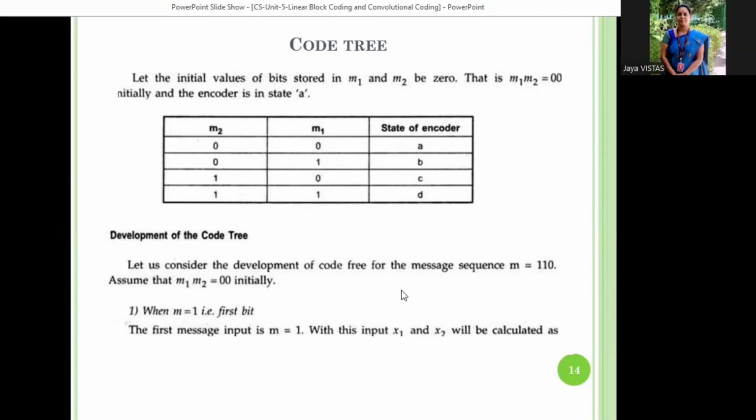So the input bits are 110. When the first bit comes, it is stored in M, so M is equal to 1. Initially we already said M1, M2 are 0, 0. So M is equal to 1, M1 is equal to 0, M2 is equal to 0.